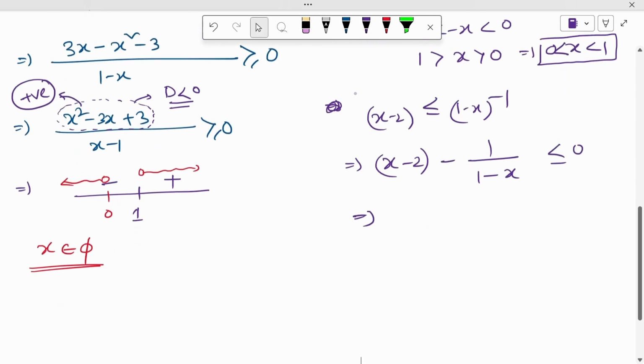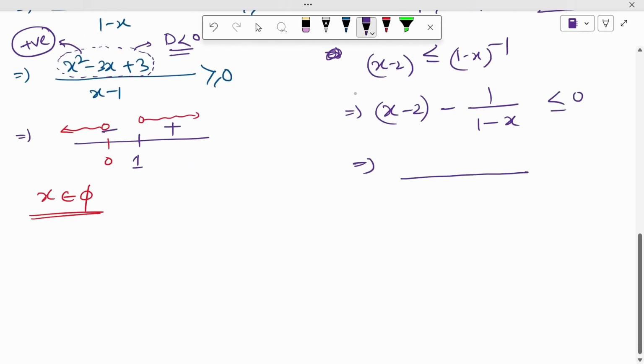Now let's simplify the equation. As in the last case, we have done it already, x square minus 3x plus 3 divided by x minus 1, but here less than or equal to 0. Again this part is always positive, so the answer of this part will be positive, negative.